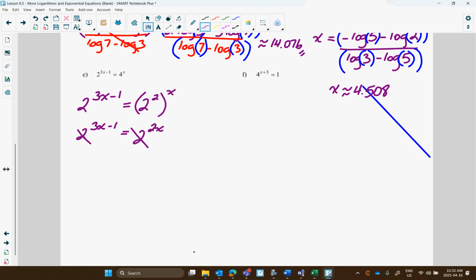Take the 2x over here, you get x minus 1 equals 0. Then I'm going to add 1 to both sides. I get x equals 1. That's how I do it.